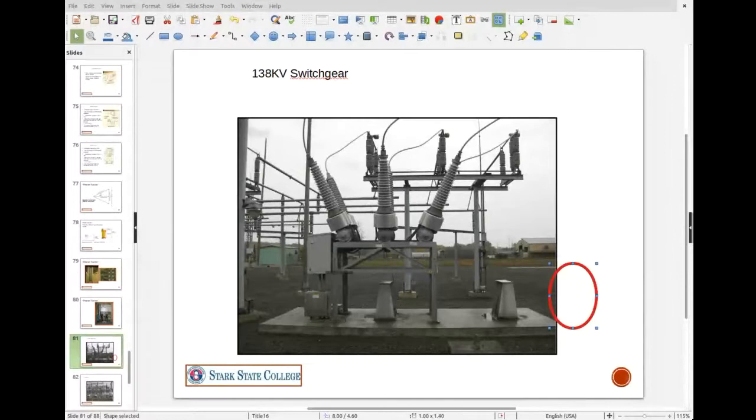I don't know if this is the one that I had, but let me switch over. This is just very cool, showing this circuit breaker breaking.